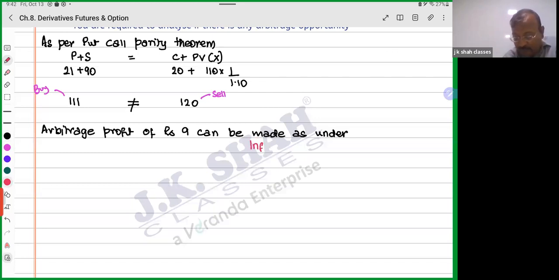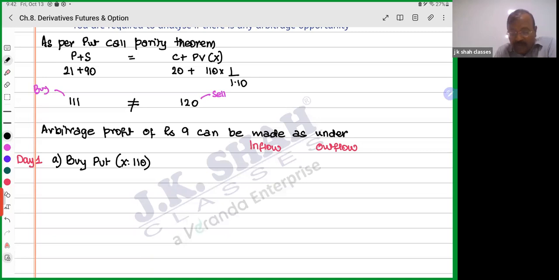Inflow, outflow, day 1. A, buy put with a strike price of 110. Inflow होगा, outflow होगा. Outflow of 21. Fair?